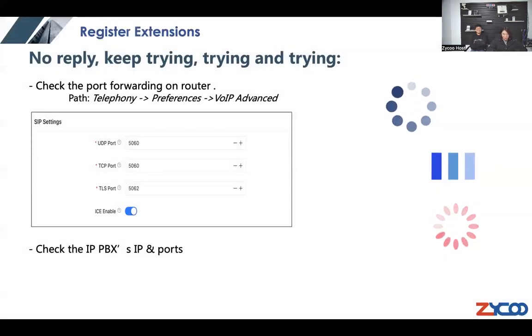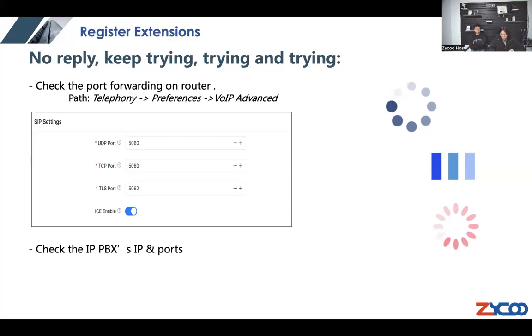And then if nothing is returned and the registration status keeps trying and trying and trying, that means the server has not responded, or the server's response didn't get back to the IP phones.